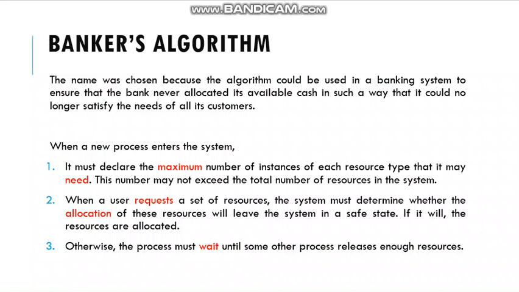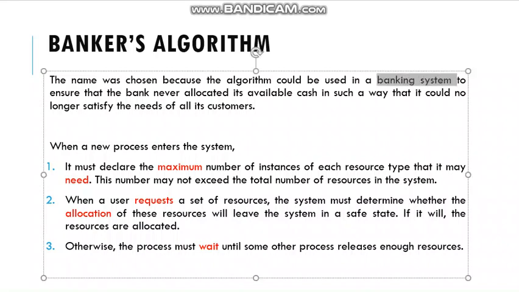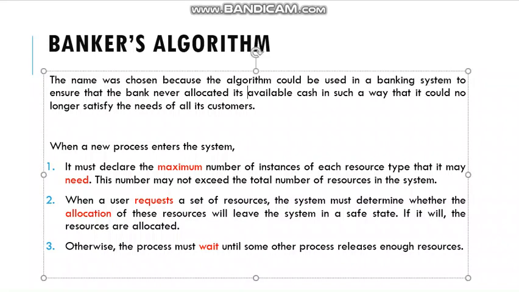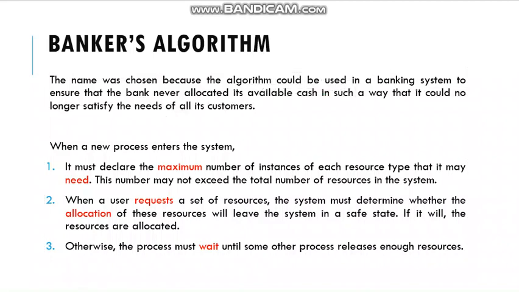Because in a banking system, a bank never allocates its available cash in such a way that it could not satisfy the needs of all its customers. It will first see how much it can pay, so that the available cash is distributed among all the customers who are requesting.